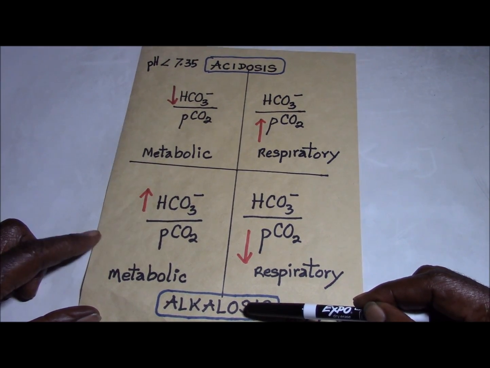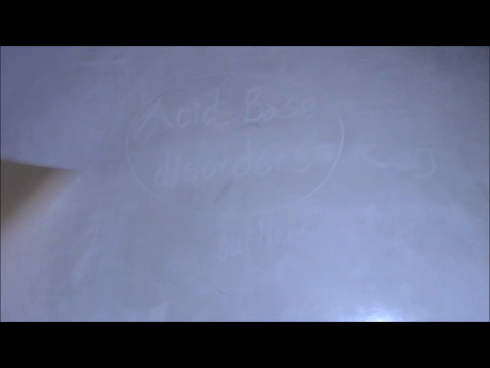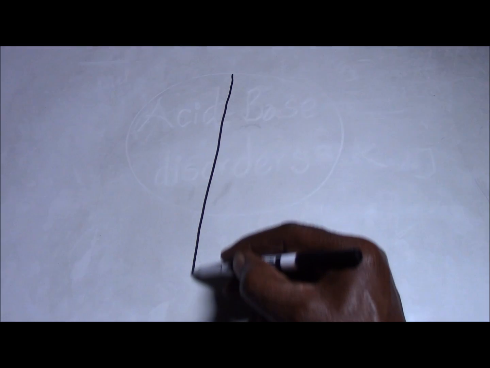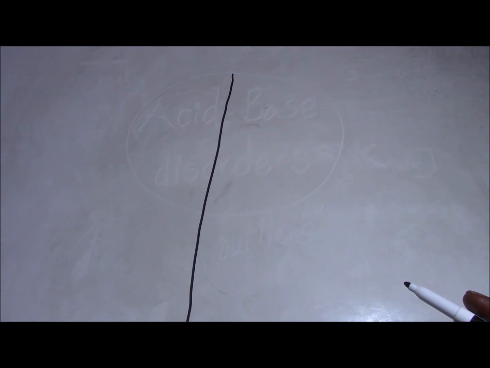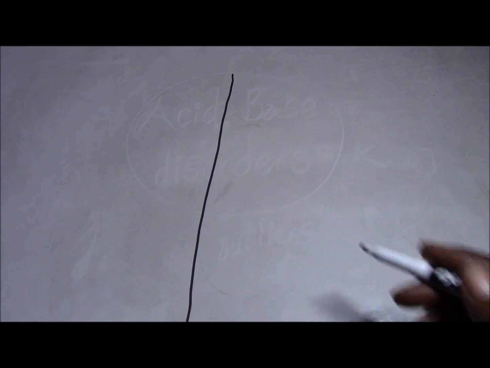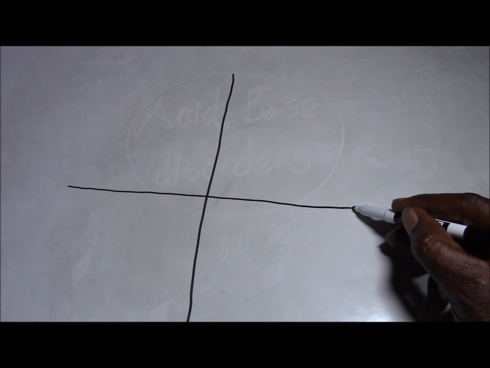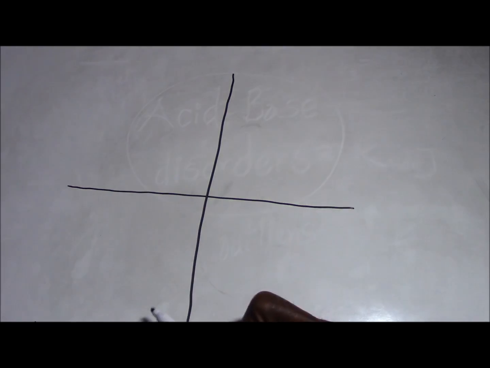Okay, so the next step is to see how we can reproduce this table. The first thing you do is to draw a cross. Get a pen and paper ready, and then see if you can follow me at the same time. And then you have your cross like this, okay? Let's extend it further down here and up here, so you have some room.